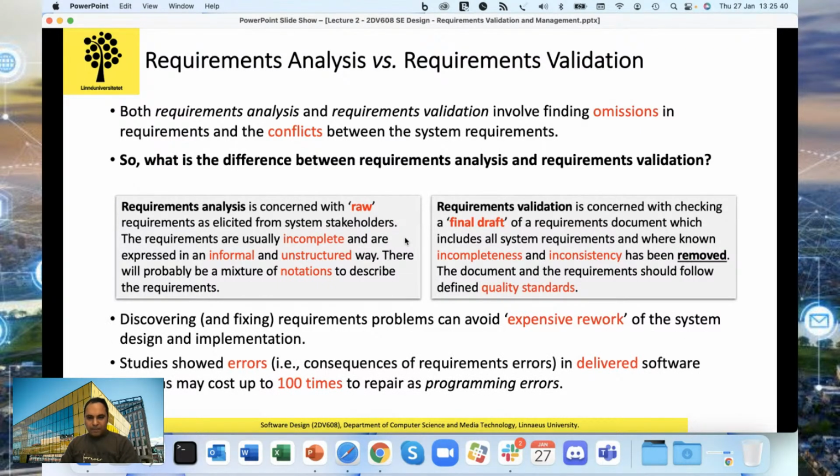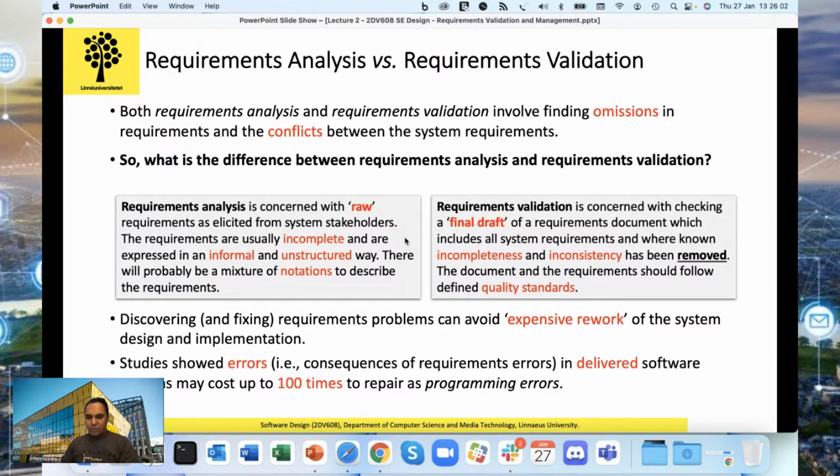And the reason the requirements validation step is more important is that once you finish this validation step, basically there is no going back for the developers or for the designers, because your requirements document is already finalized.